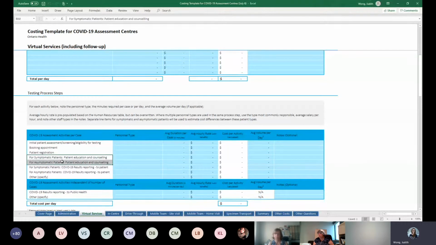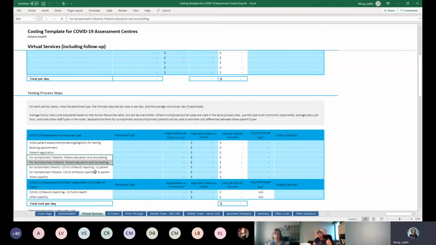A few of these rows are separate for symptomatic patients and asymptomatic patients, so we want separate time estimates, for example, for patient education and counseling. If your practice is that you spend the same amount of time for both of those patient types, just complete both rows, but use the same time for both. We just wanted to give the option in case the time varies.